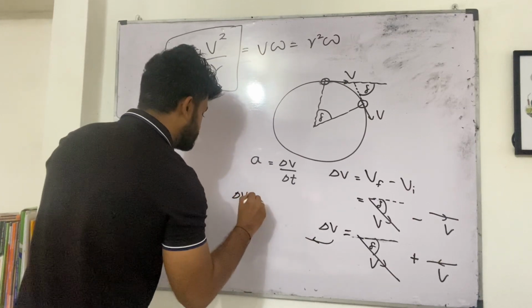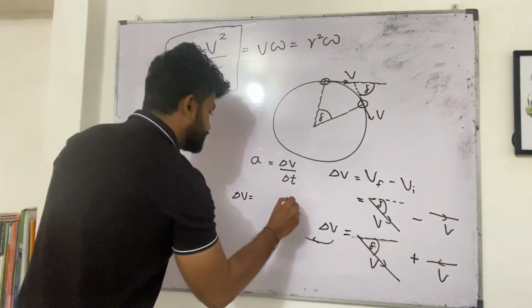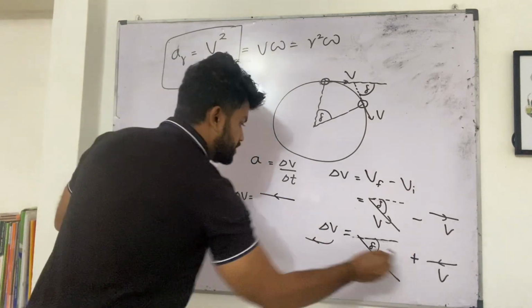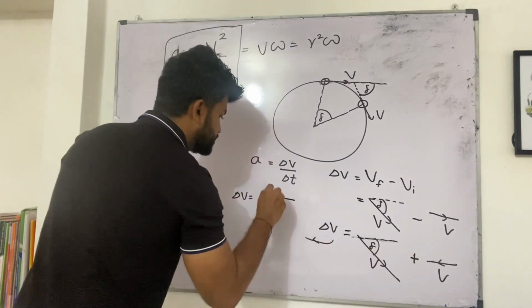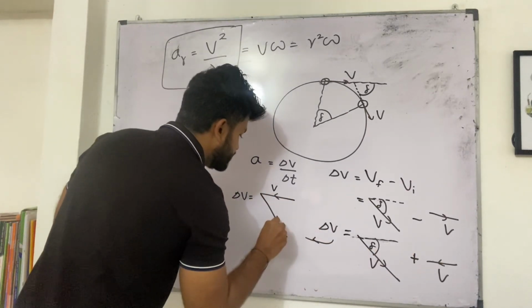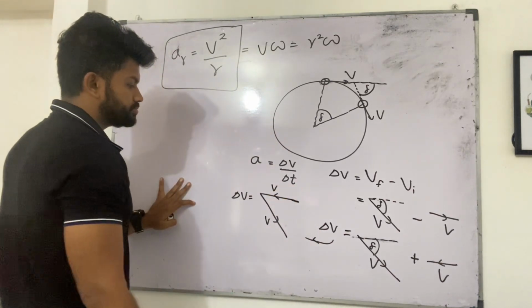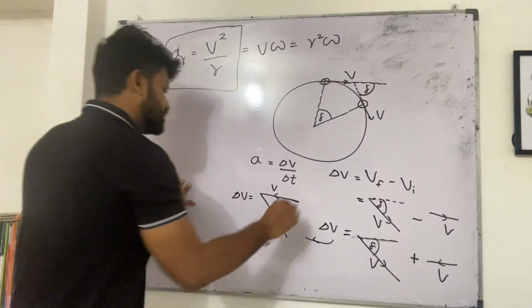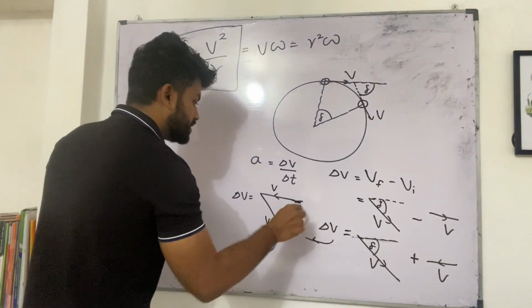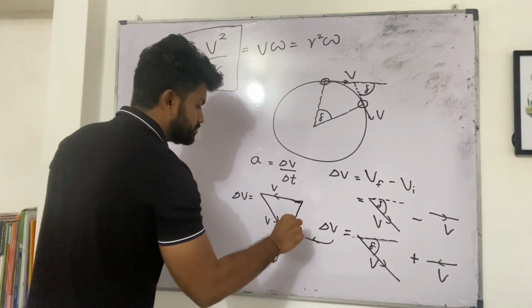Delta v is equal to, here is this one, and this is my v, and this is my other v, and these two should be equal in magnitude, right? And this is my resultant, starting point and ending point.